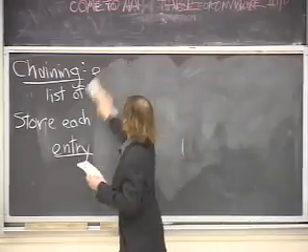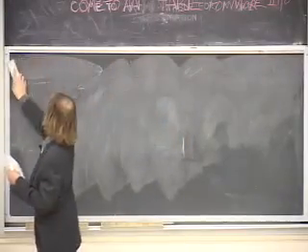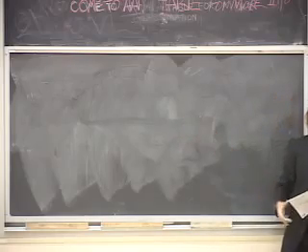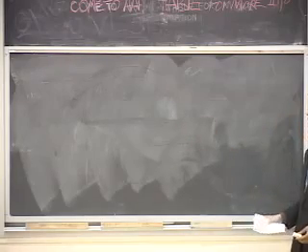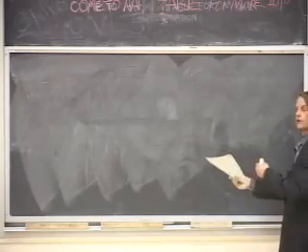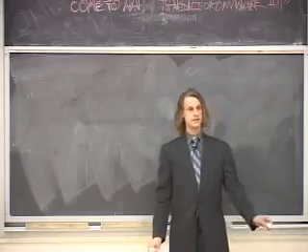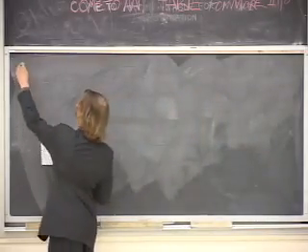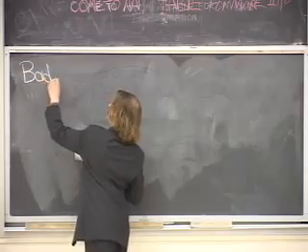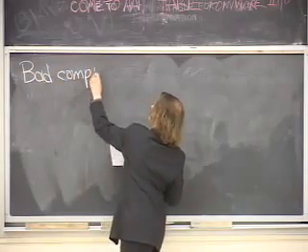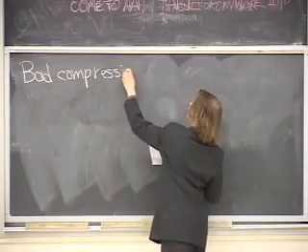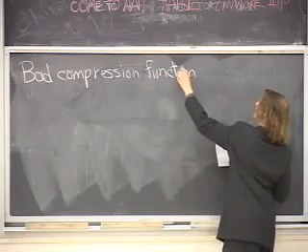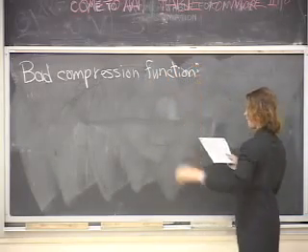Now the problem with both hash codes and compression functions is that it's easy to mess up and create a hash code or a compression function that causes far more collisions than are really necessary. Just to give you an example of a bad compression function, an idea of what to look out for, what can go wrong. Consider this example.